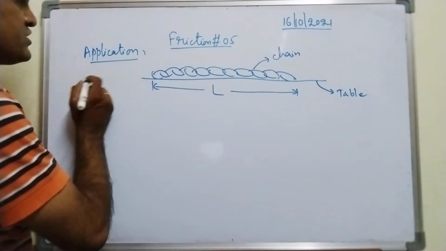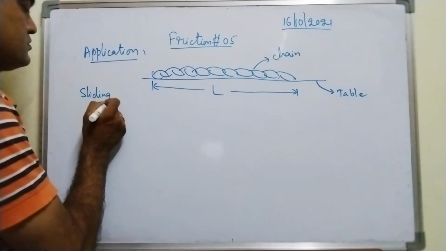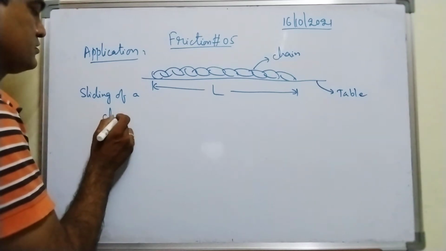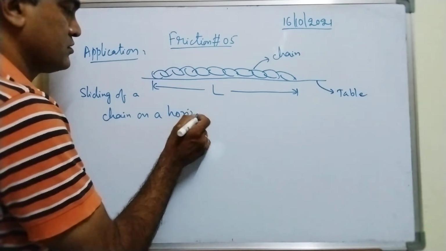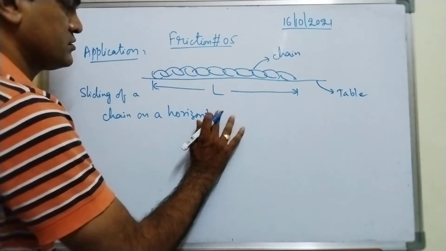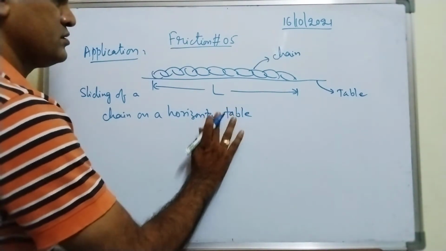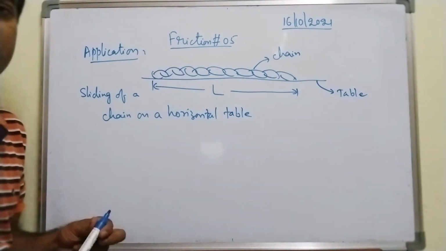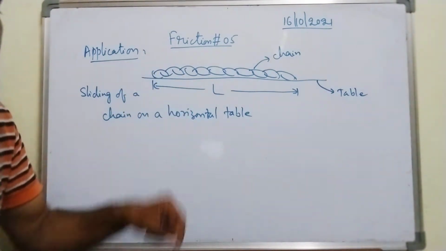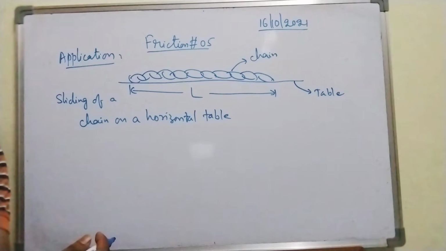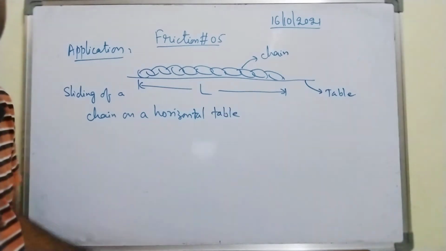Let me write it like this: application is sliding of a chain on a horizontal table. What is capital L? I have taken capital L as the total length of the chain.